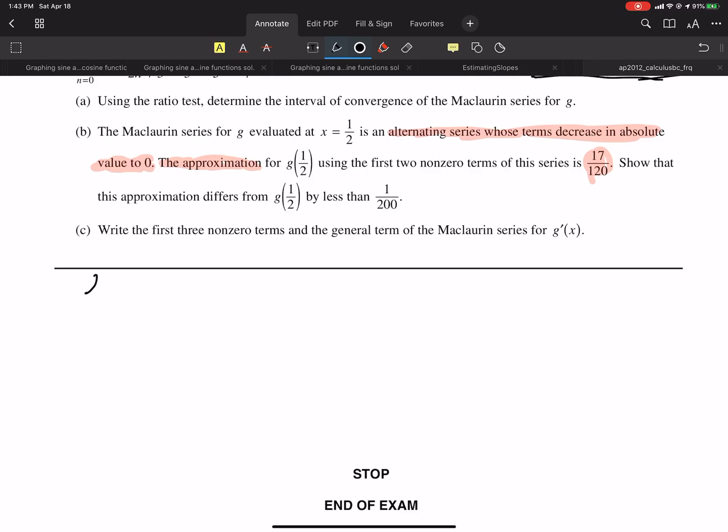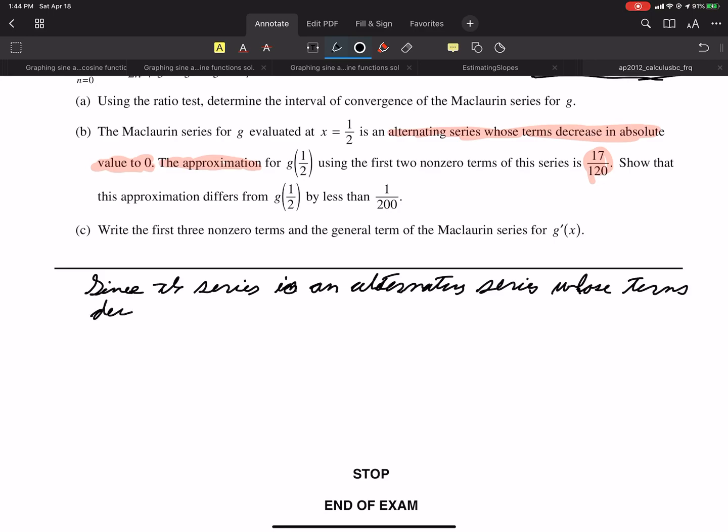So since the series is an, now I'm going to write this all out, alternating series whose terms decrease in magnitude to 0. Therefore, the error, you can just write absolute value error.